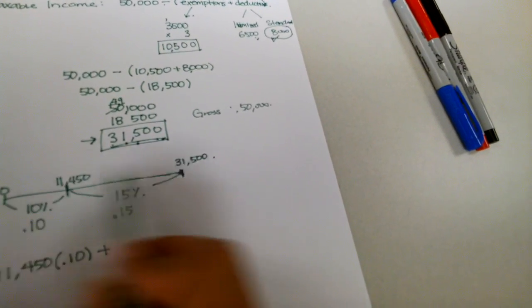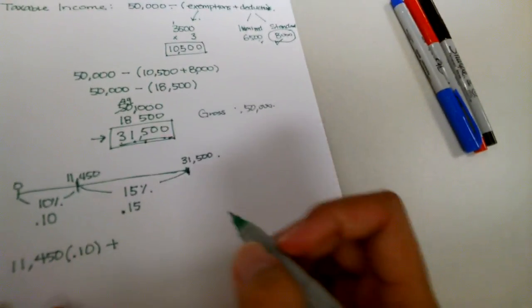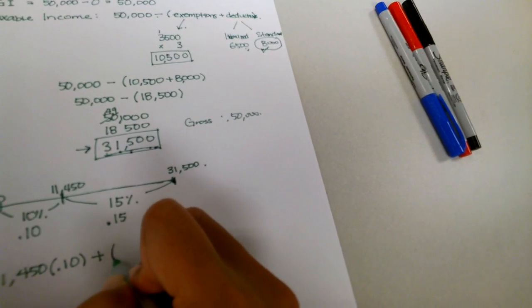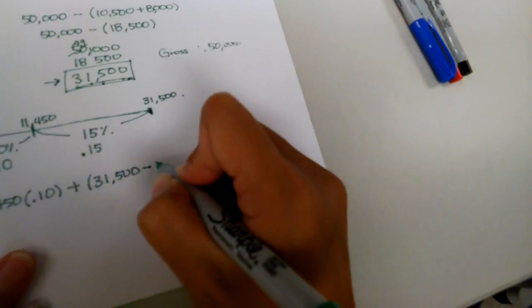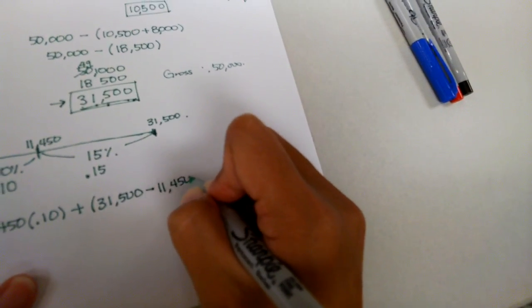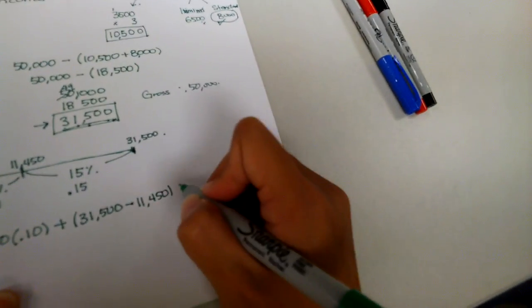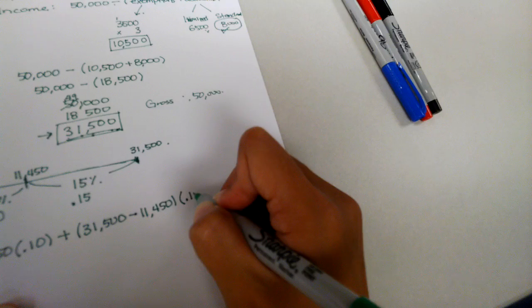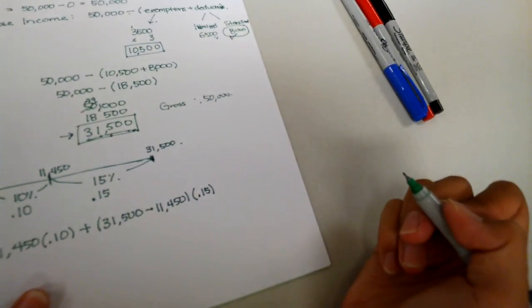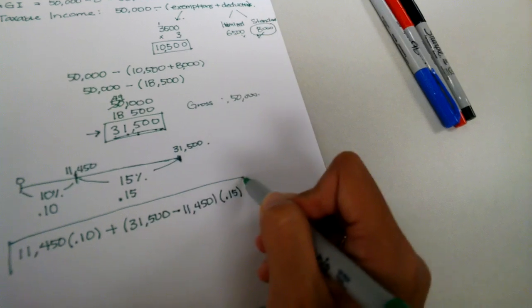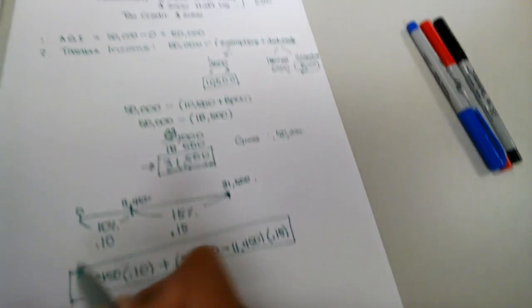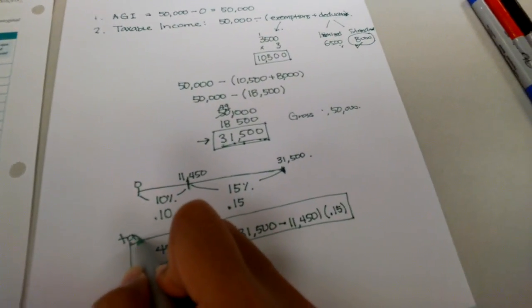It's not from 0 to 31. So what we have to do is 31,500 minus $11,450 because we've already taxed on that, and then you multiply by 0.15. I'm going to leave it up to you to actually carry out the calculation. This is the tax computation.